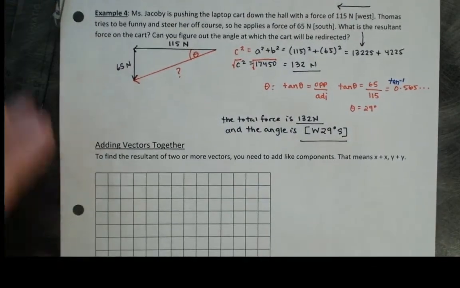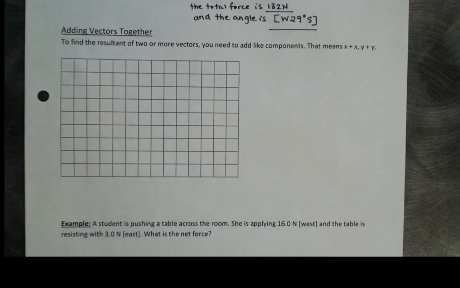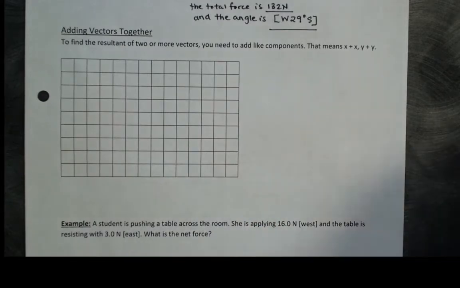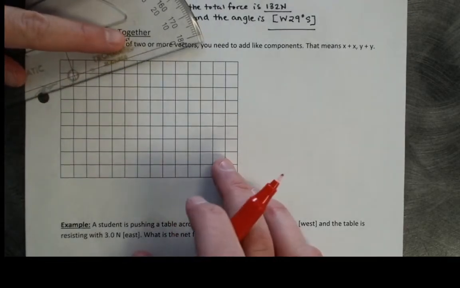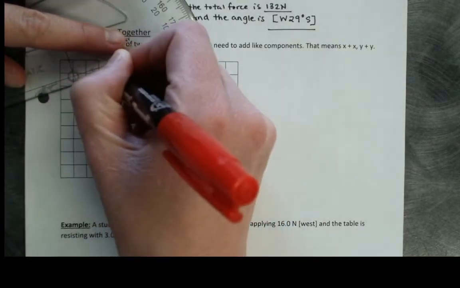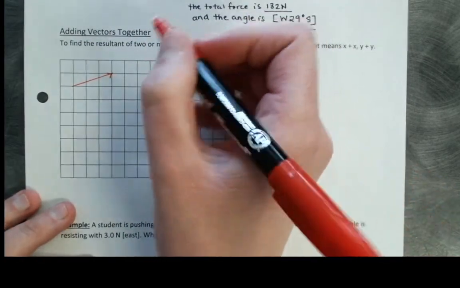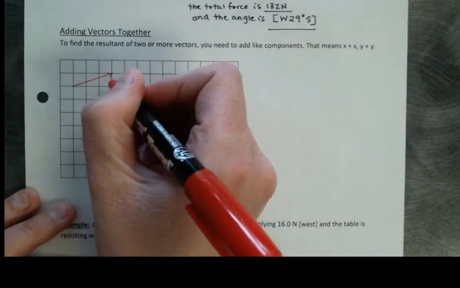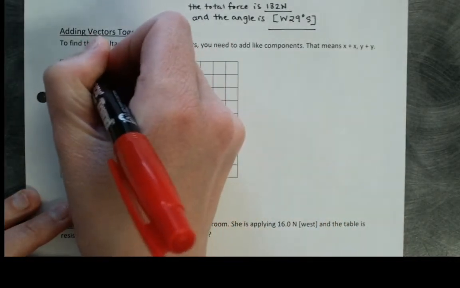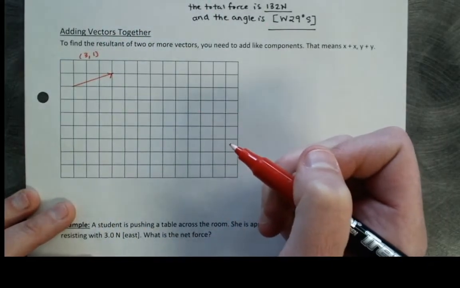All right, let's look at drawing vectors. We've actually been drawing vectors the whole time, but we're going to walk ourselves through it. Let's say you want to add two vectors together. One of those vectors is going to be this guy here. In terms of an x and a y component, we're 3 to the right, and we are 1 up.